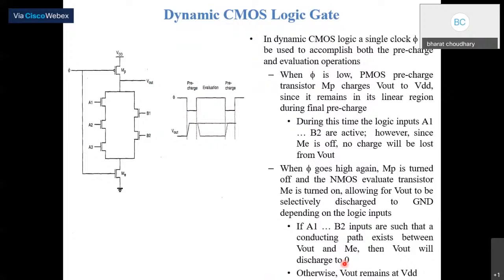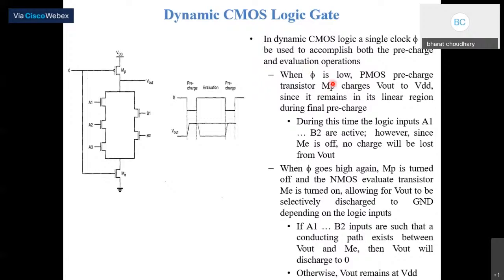So this is that dynamic CMOS logic gate. In a dynamic CMOS logic circuit, a single clock is used to accomplish both the pre-charge and evaluation operations.